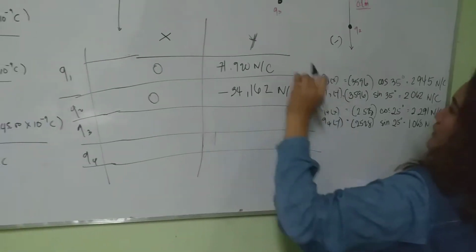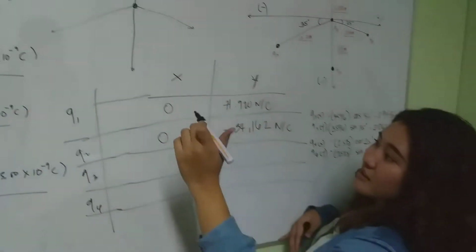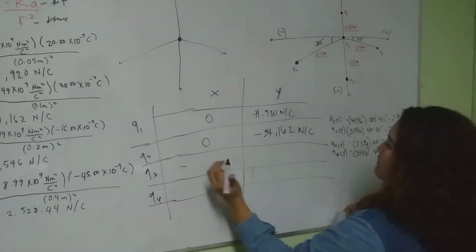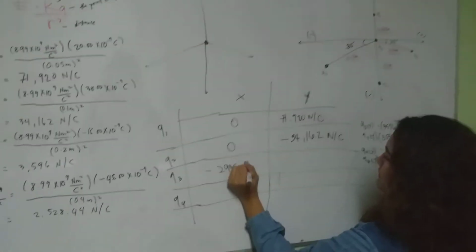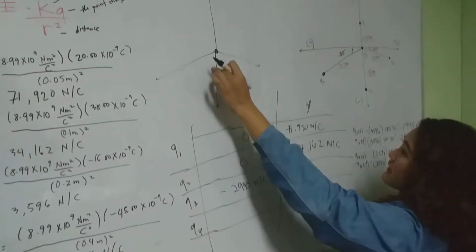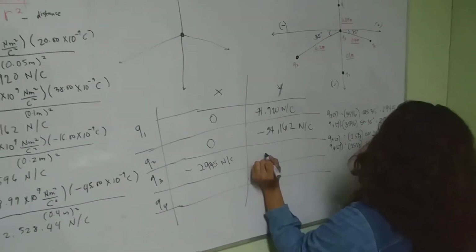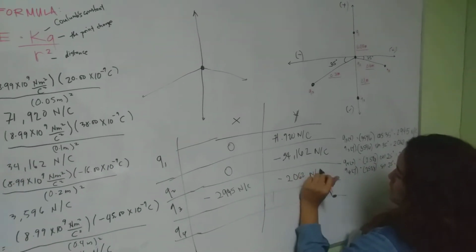Now we will put this in the x and y component. Since our third point is based on the left x-axis, we will have a negative 2,945 newtons per coulomb. And since this is at the negative y-axis, we will have negative 2,062 newtons per coulomb.